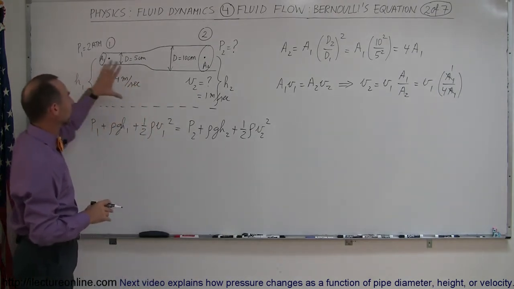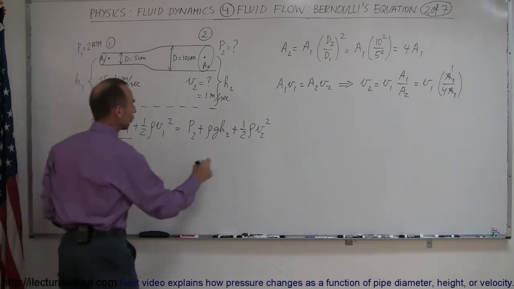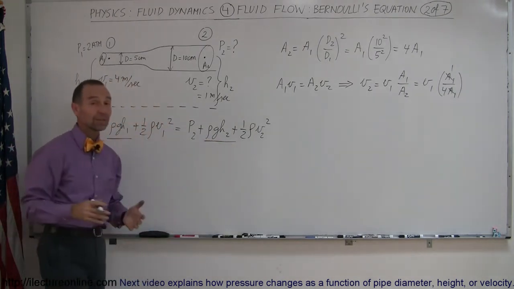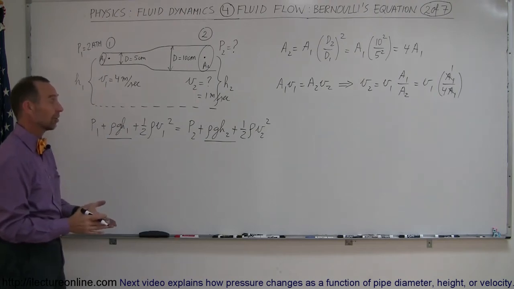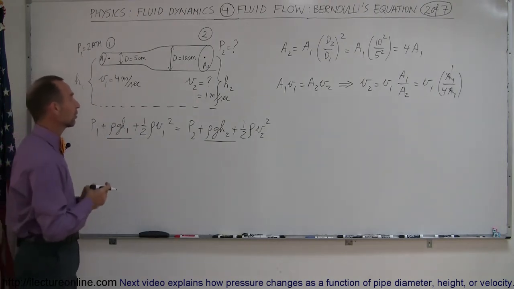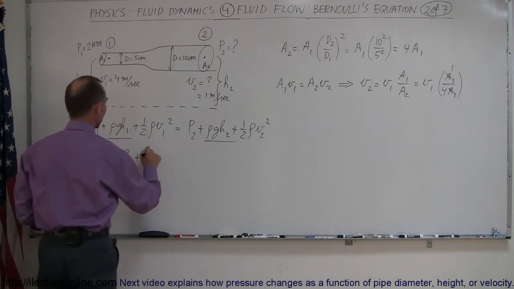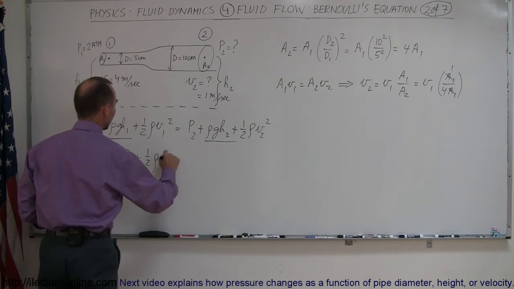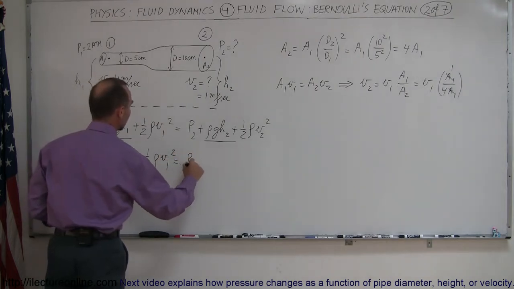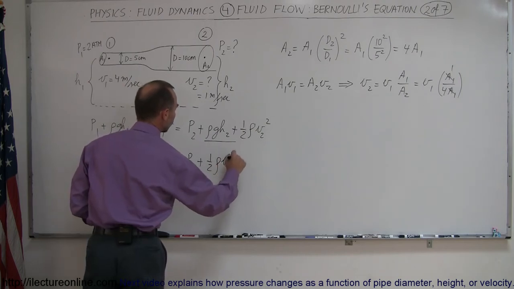First of all, the height doesn't change, which means that the term rho g h1 and the term rho g h2 have to be exactly the same. They stay constant, so I can simply remove them from both sides of the equation, which now simplifies to P1 plus 1/2 rho V1 squared equals P2 plus 1/2 rho V2 squared.